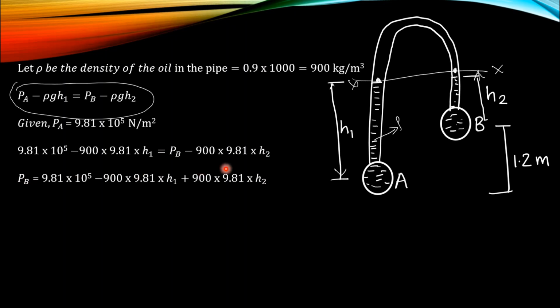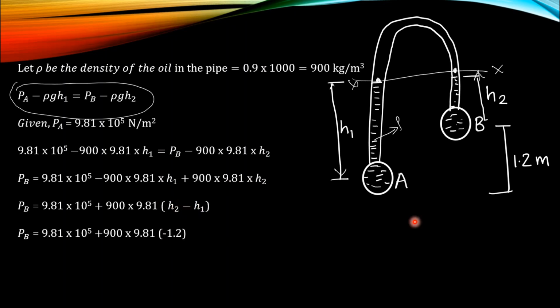So the equation will become like this, and you will get PB is equal to 9.81 into 10 raised to 5 plus 900 into 9.81, which is common in both these two terms. So I am taking it outside, which will be 900 into 9.81 into minus H1 plus H2, or I can write H2 minus H1. Now look at the figure. What is H2 minus H1?